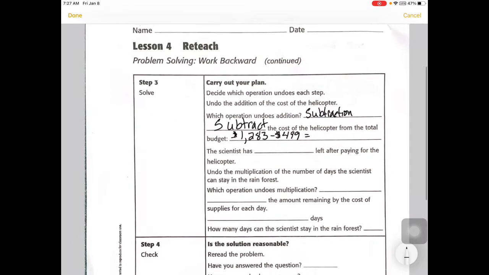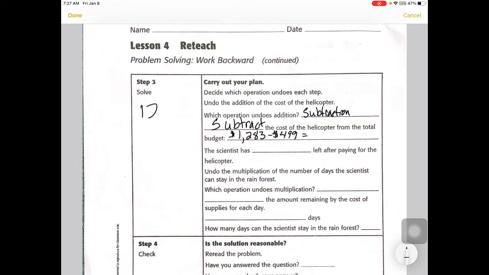And then when we do this work over here, we get that number right there.